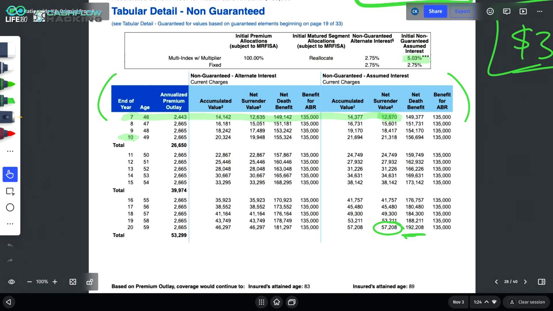My comment at this point is, hey, what we need to do is look at what it projects going forward, because the projections, the current non-guaranteed assumed interest, based on current charges and current returns, this is performing at a surrender value, right? This is the cash value.